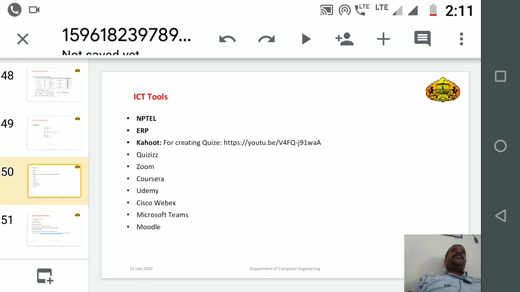If you want to study this online, then you can refer to these ICT tools. These are the activities in the academic planning. All these activities will be conducted when our college starts offline. This is the puzzle. This also we will see when you come to the college in front of us.